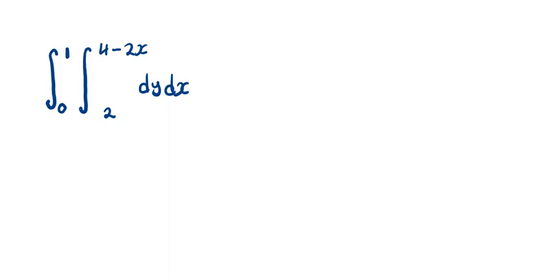So what it means here is that the region that we have at the moment, you have y equals 2 as the lower limit, then you have y equals 4 minus 2x as the upper limit. Then for x, you have x equals 0 as the lower limit, then you have x equals 1 as the upper limit. Okay, so let's try to sketch this and see how it comes out.